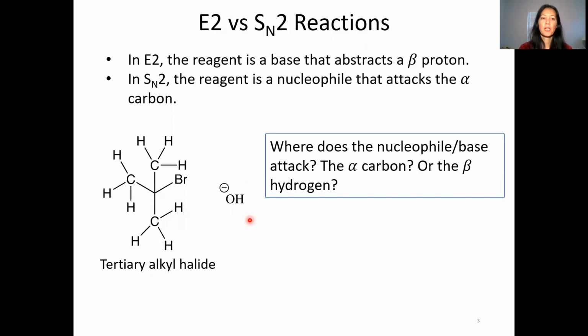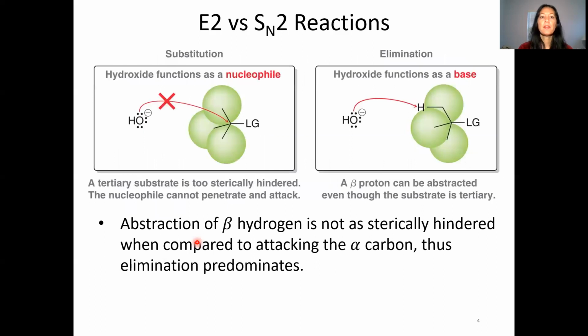To answer that question, you really want to look at the substrate involved. In this case, the substrate is key because if you recall, SN2 reactions go through that trigonal bipyramidal transition state. That's concerted. You get that inversion of the umbrella and the leaving group leaves simultaneously. So for hydroxide to function as a nucleophile in a substitution reaction, it needs to come in and attack from the backside where all of these bulky groups are, this bulky tert-butyl group.